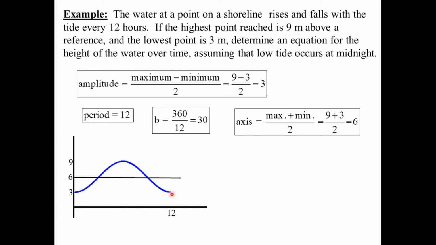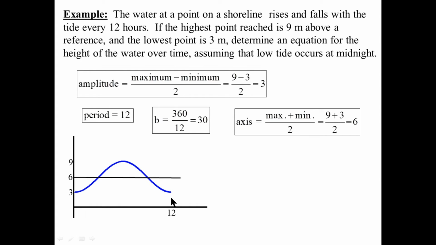Comes in, goes back out. At noon, it's low tide again. So this is a sketch of the situation. We have our max, we have our min, we have our axis of the curve, which we figured out to be 6, and we have a period, which is 12, the length of the cycle.